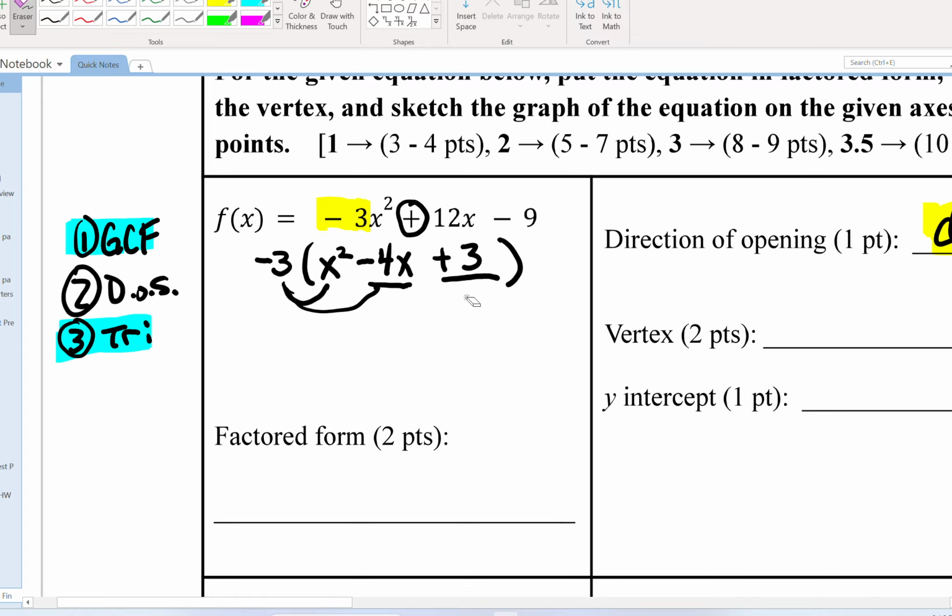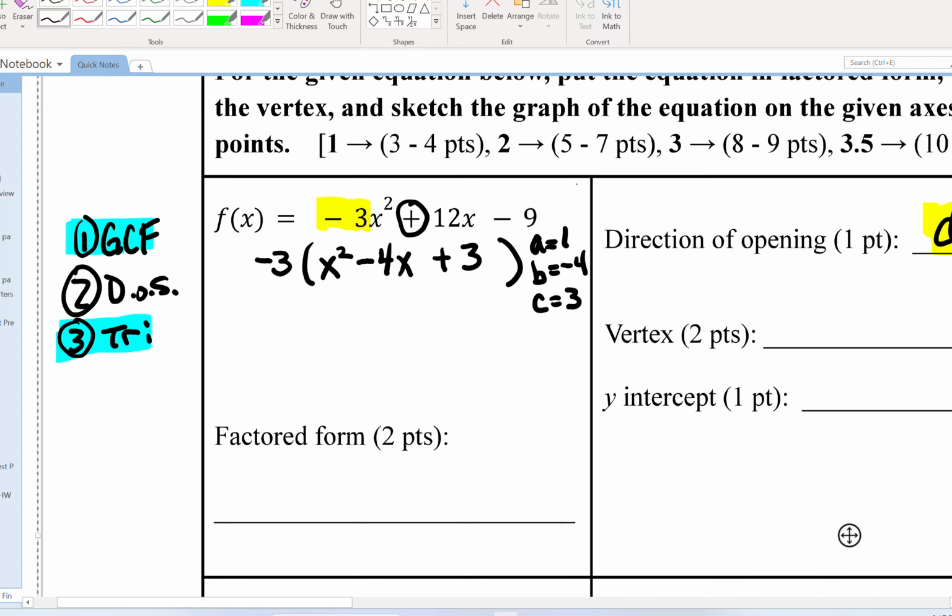Now that we've taken this out, I can look at that A here is 1, B is -4, and C is 3. This is not a great place to put those. I'm going to erase that. But I still want to have that. So A is 1, B is -4, and C is 3.